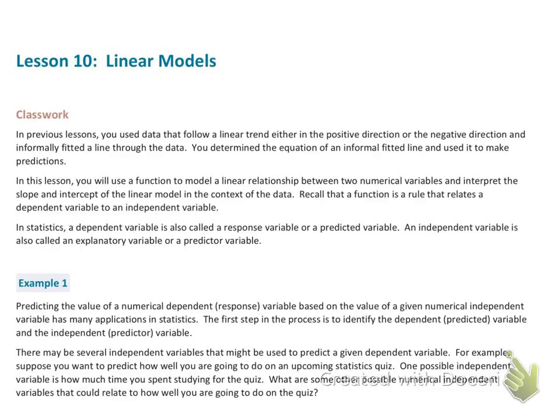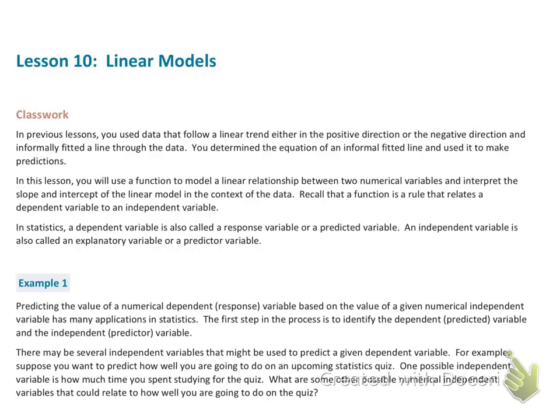There may be several independent variables that might be used to predict a given dependent variable. For example, if you want to predict how well you're going to do on an upcoming statistics quiz, one possible independent variable is how much time you spent studying for the quiz.